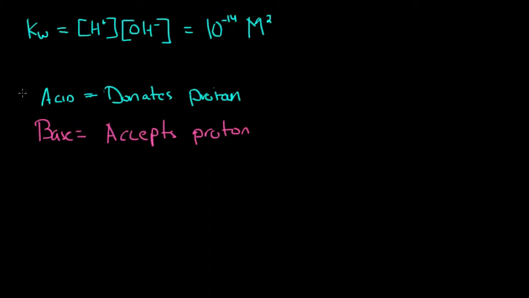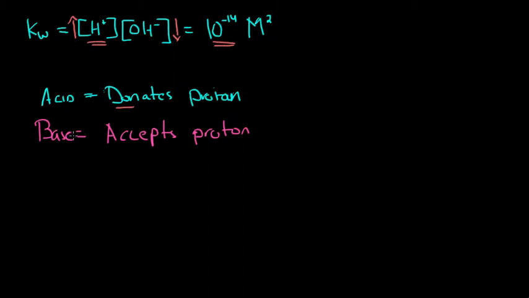So if you think about this, if I have an acid, I'm basically donating protons. That means my concentration of H plus should be going up. If my concentration of H plus is going up, my concentration of OH minus must go down, because this right here is constant. So if this goes up, in order to keep this value the same, this must go down.